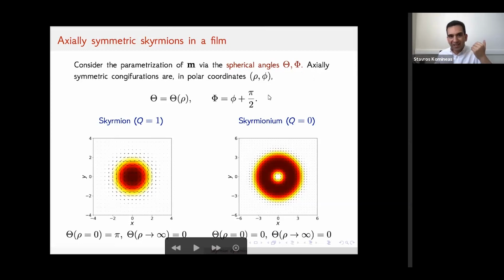Now, when we say axially symmetric configurations in this context, and we're discussing now the plane in rho phi polar coordinates, this means that the theta angle, the polar angle, is an angle of the radial coordinate only, theta of rho. And the phi angle of the magnetization vector is equal to the polar coordinate phi plus a constant.